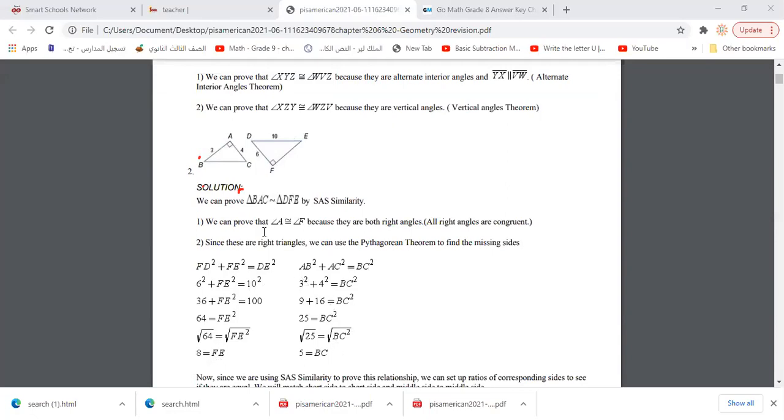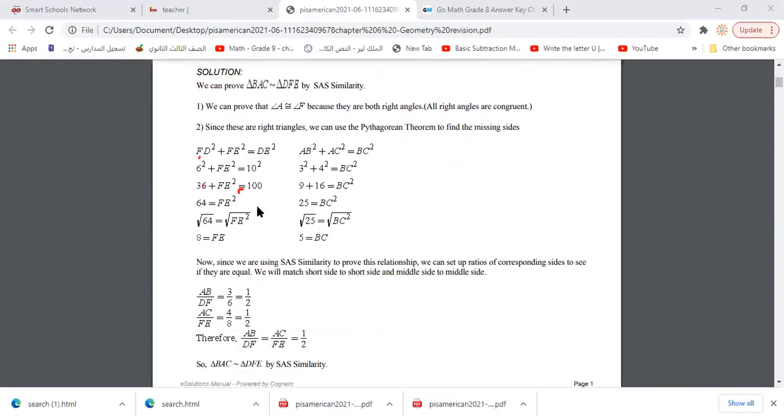For the second one, we are looking for the hypotenuse, so it will be 3 squared plus 4 squared, which equals 5. Now we note that we have 5 and 10, right? We want to prove that triangle ABC is similar to DFE, so we put each side over its corresponding one.